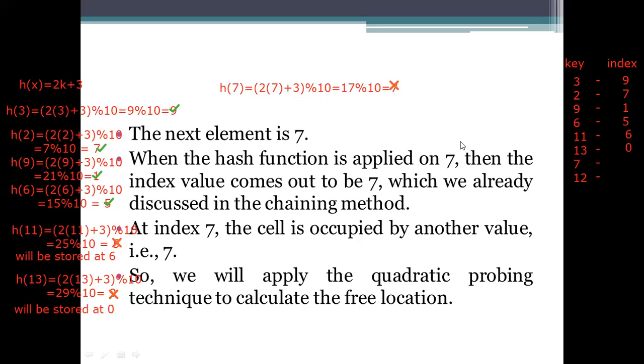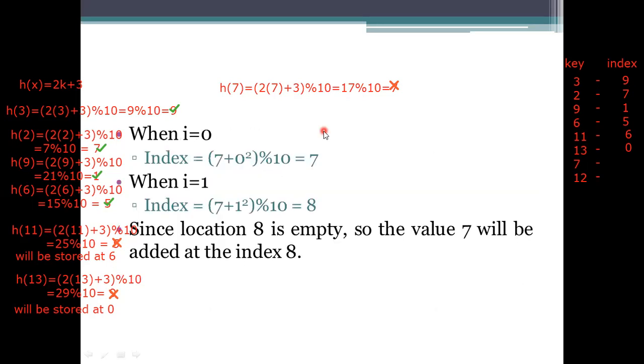So we won't consider this one to be processed. Let's go for another value. We need to consider the value for the processing. So here the processing includes i equals 0, i equals 1, and i equals 2 also. But whenever we get an empty space here, we need to stop the probing. So here the square value of this one is 0, and then 7. 7 is not an empty one.